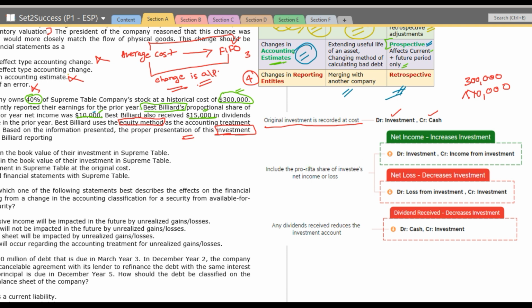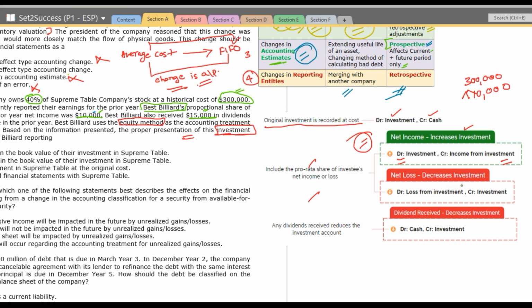Pro rata share means if the investee reports net income, the investor's investment account is going to increase. So the entry for net income is: we debit the investment account and credit the income from investment.